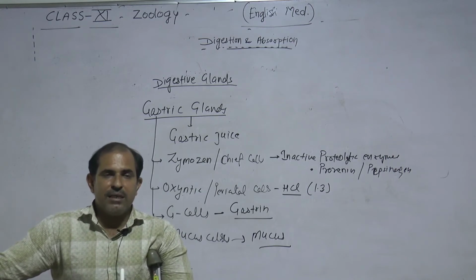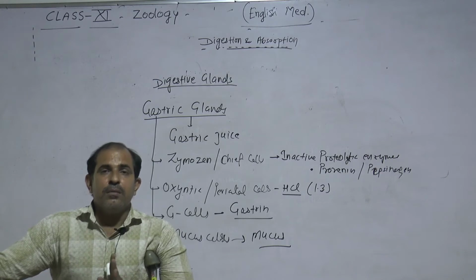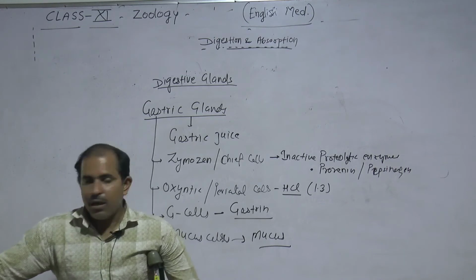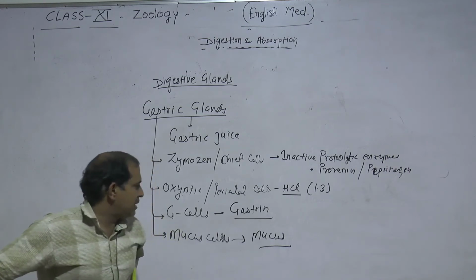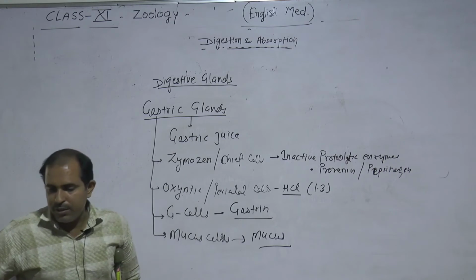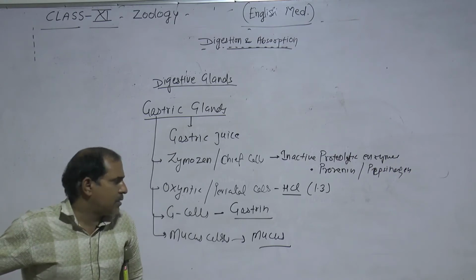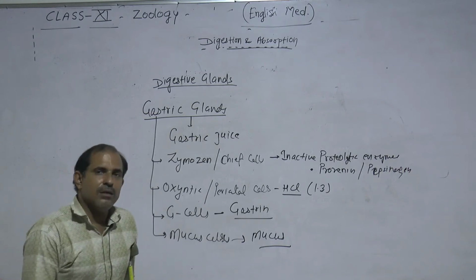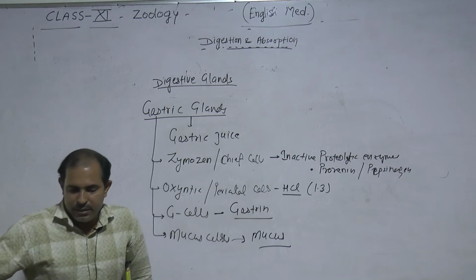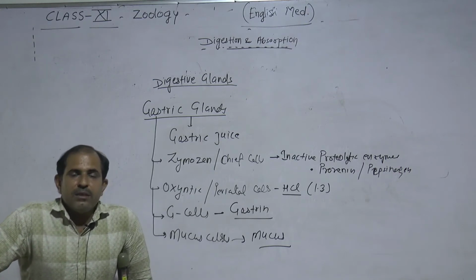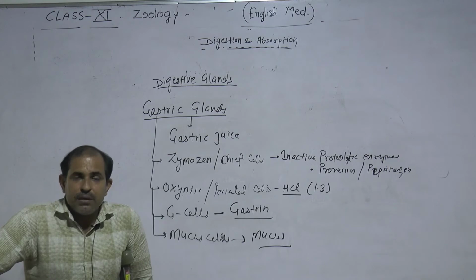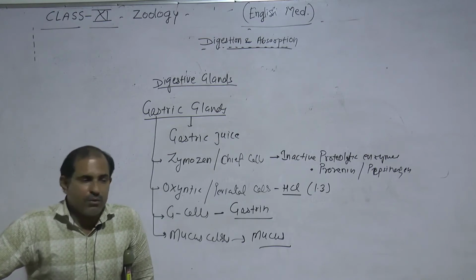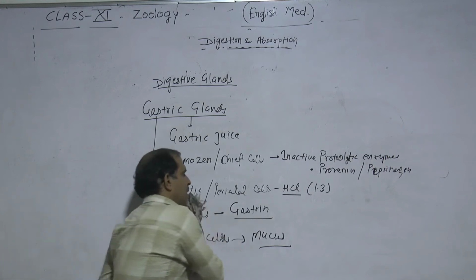Prorenin is secreted in the childhood stage, whereas pepsinogen is secreted in adulthood. Okay. Now, the G cell secretes gastrin, which stimulates gastric glands to secrete gastric juice. Lastly, mucus cells secrete mucus. In the stomach, digestion of proteins occurs, and the stomach stores the food for about 4 to 5 hours, and these are the gastric glands.